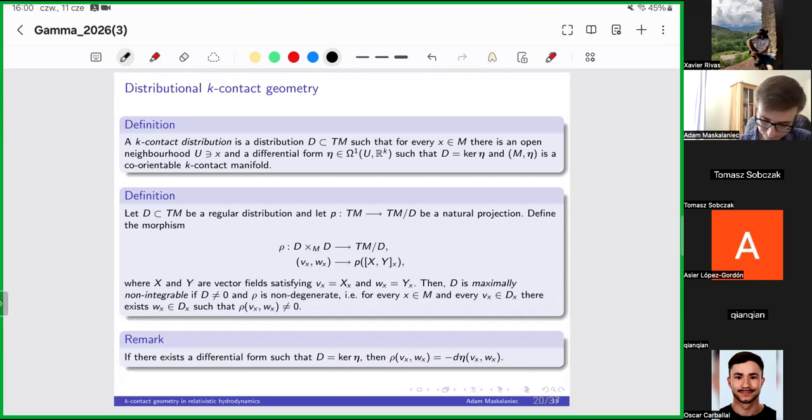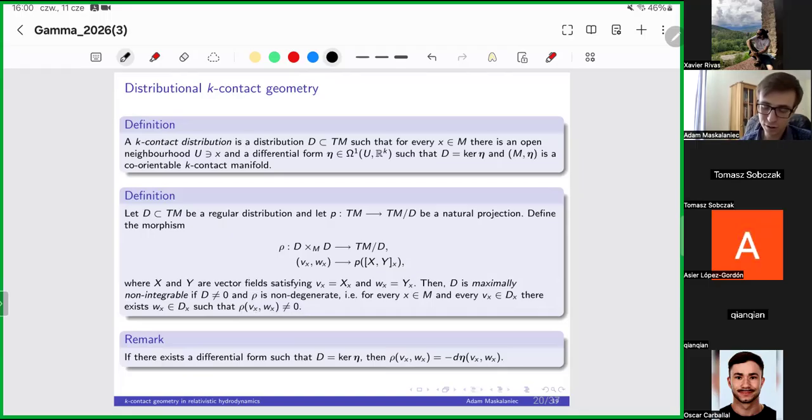So the first condition is the so-called maximal non-integrability, namely, given a distribution D, it is maximally non-integrable whenever this morphism rho from D times D to TM divided by D is non-degenerate, namely, for every point and every vector v_x from D_x, we can find a vector w_x in D_x such that rho of v_x and w_x is not equal to 0.